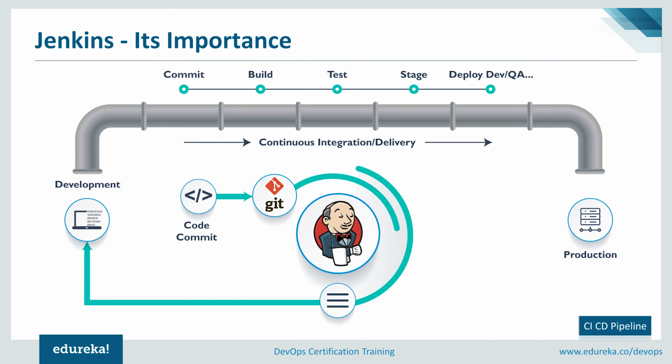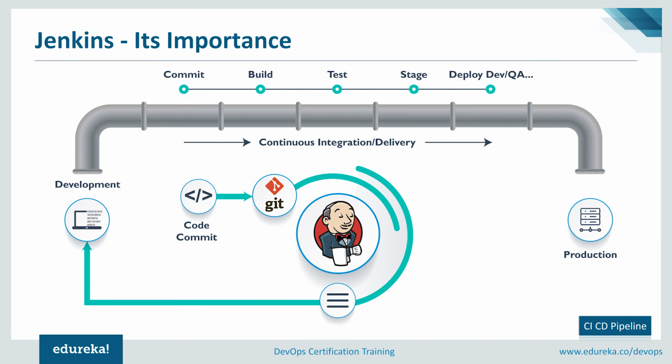Now how is Jenkins going to help us? Jenkins provides us various interfaces and tools in order to automate the entire process, by which I mean the complete development lifecycle. Suppose you have a Git repository where the development team commits the code, and then Jenkins takes over from there.